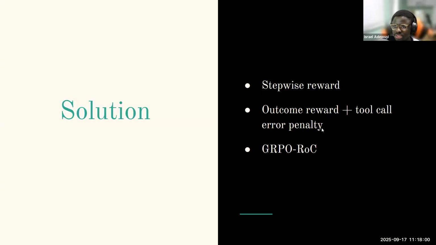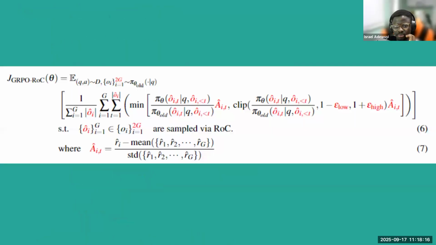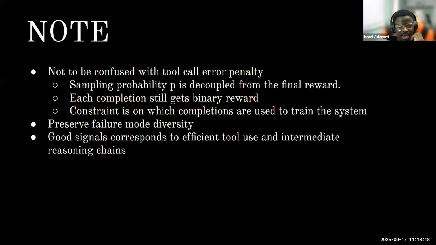But the thing to note here is that the model is still only being trained on the binary 0 or 1 reward. So it is just the filtration mechanism we apply for the trajectories. That is the new thing, let's say. I just thought these were some important notes to make while I was reading the paper.